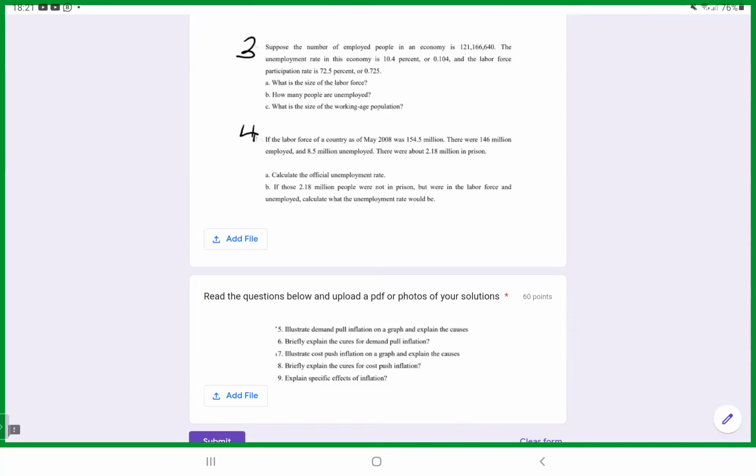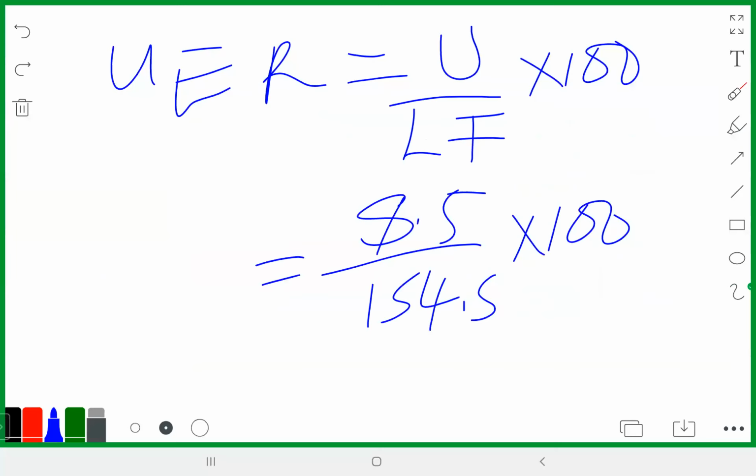We add employed plus unemployed, and it gives us 154.5, which is our labor force. So what is our unemployment rate?